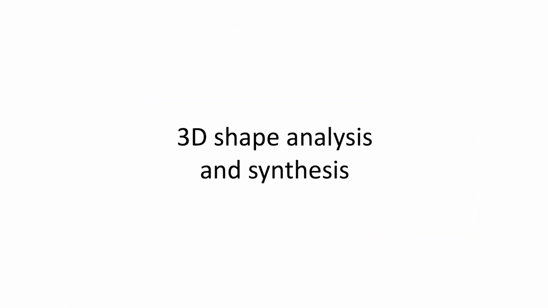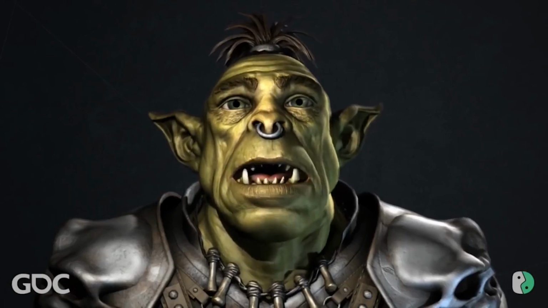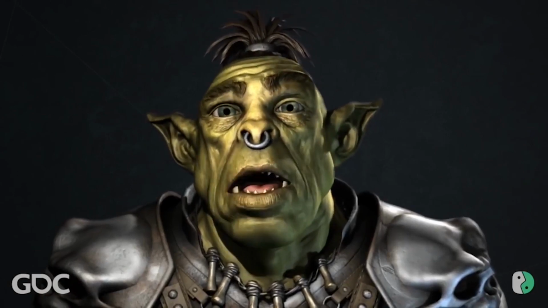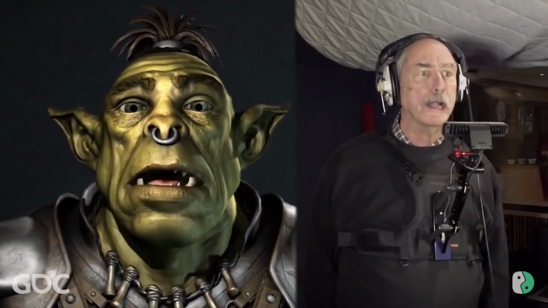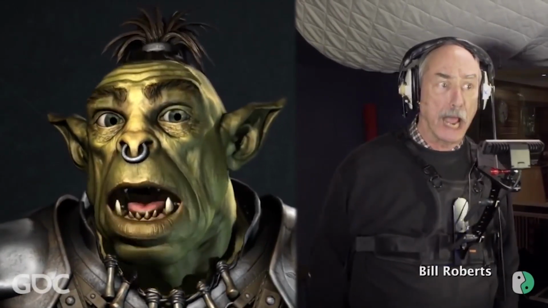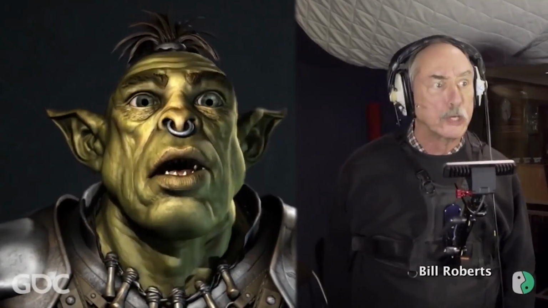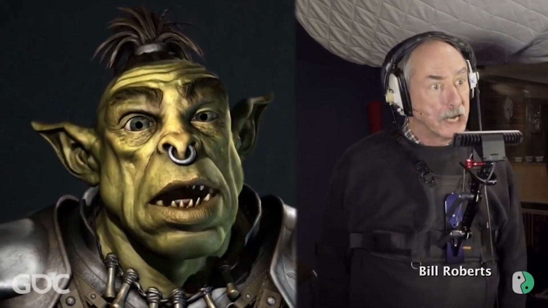Let me finish with applications from a different domain, three-dimensional shape analysis and synthesis. What you see here is a markerless motion capture system that is used in movie production in order to transfer the motion or expressions of an actor into this real-time animated 3D avatar.